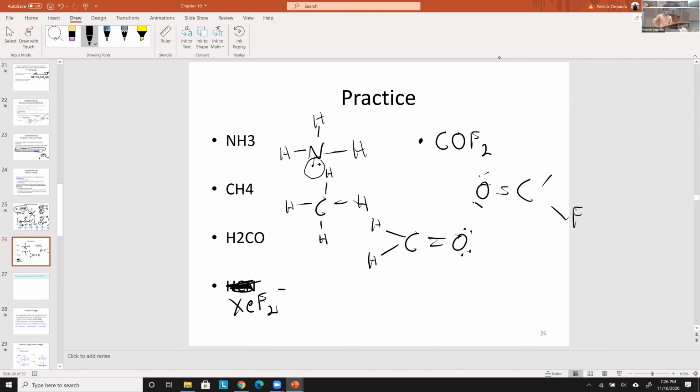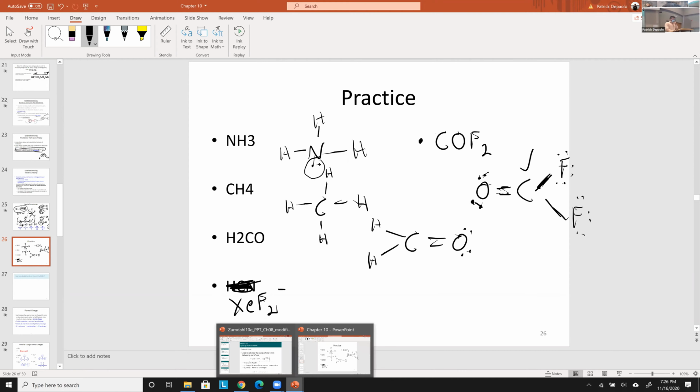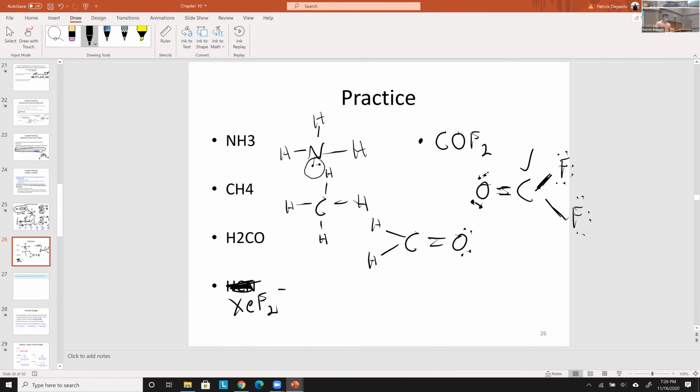So the same idea, just with fluorines, honestly. You're going to have your 6 electrons, 3 lone pairs around the fluorines. You have your fluorine single bonded to the carbon, which is double bonded to the oxygen that has 2 lone pairs. So perfect, good.